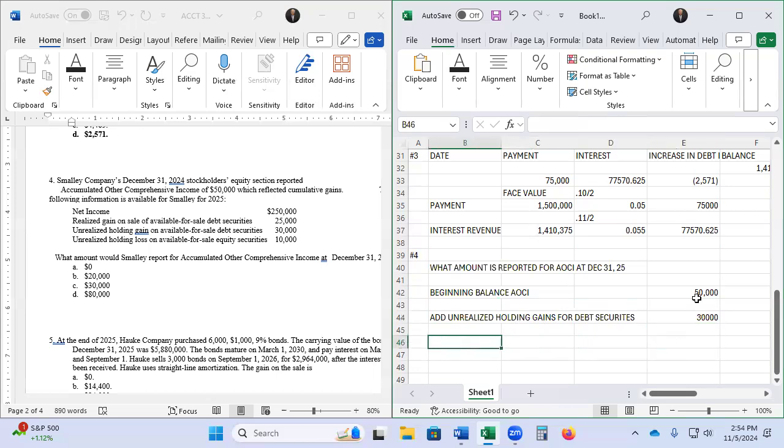The other two items, one is a realized gain, so that would flow through our income statement already as a gain on the sale. And then the unrealized holding loss on available for sale equity securities is treated also through income. So it will go through income. So our ending balance equals 80,000.